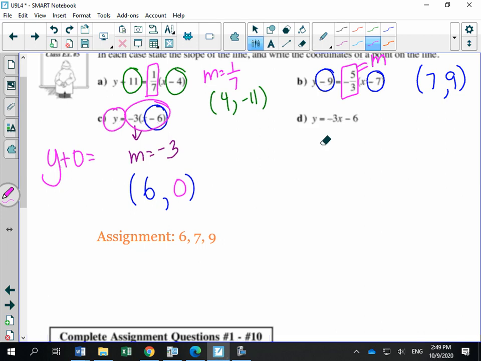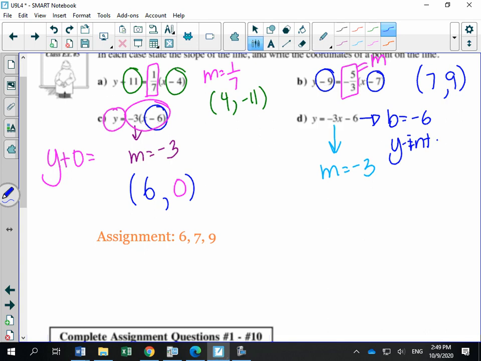Okay, for this guy here, we are in slope y-intercept form. So if I said, what's the slope of this line? The slope would be -3. If I said, what's the point on this line? Well, this is your b value. What is your b value? Your b value is your y-intercept.